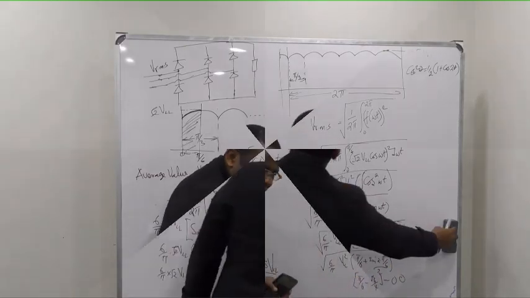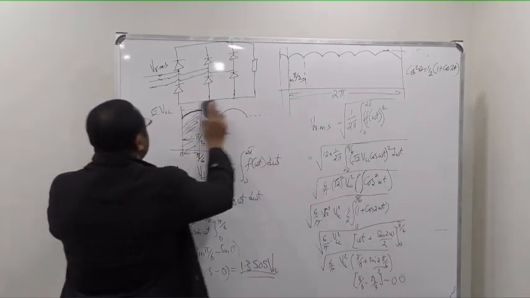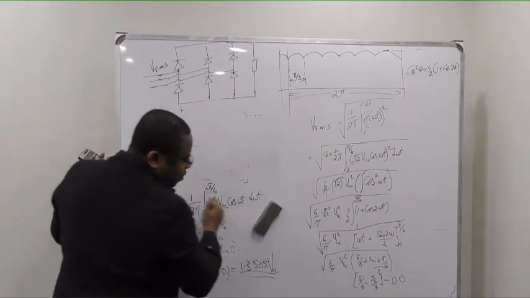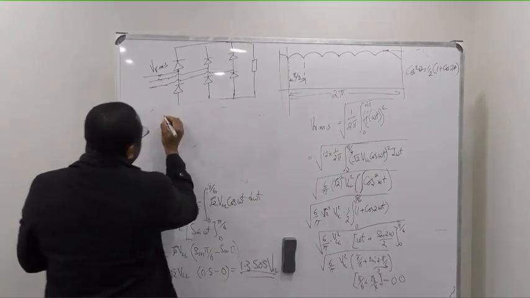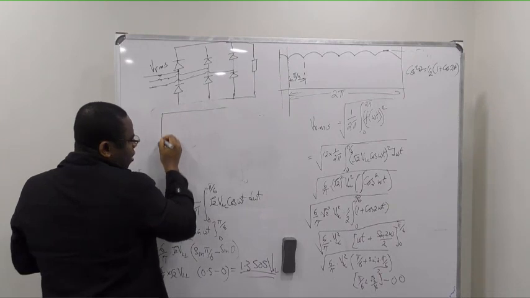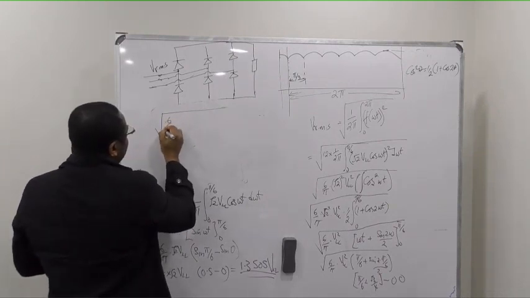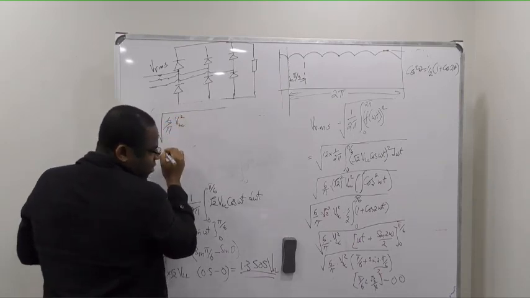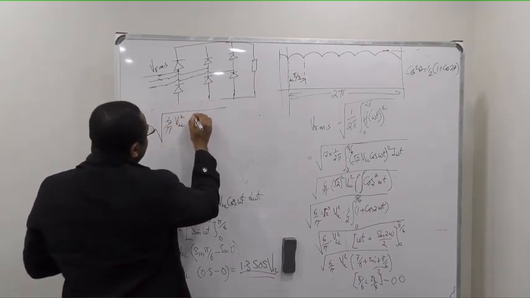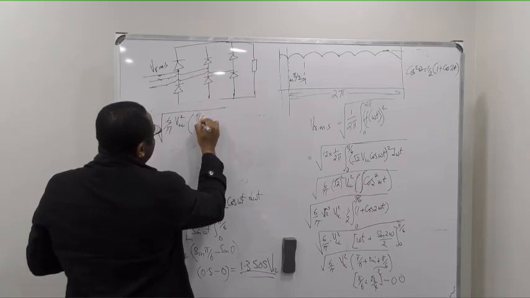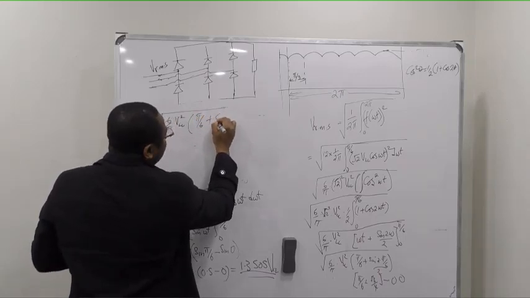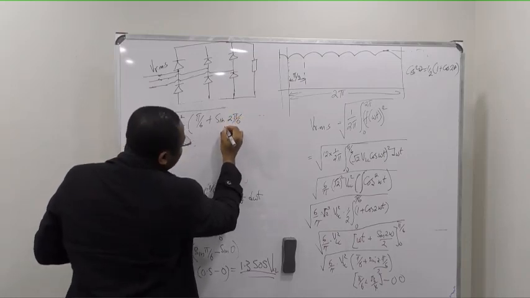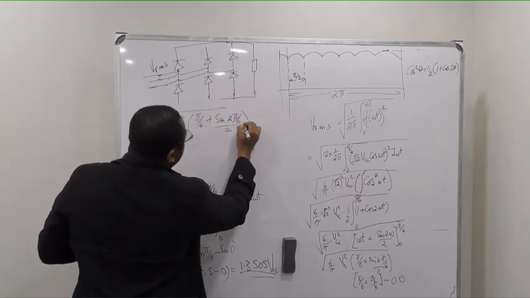Let's finish it up here. So we'll have the square root of 6 over pi VLL squared, into pi over 6 plus sine 2 pi over 6 over 2. Okay, so we'll have this.